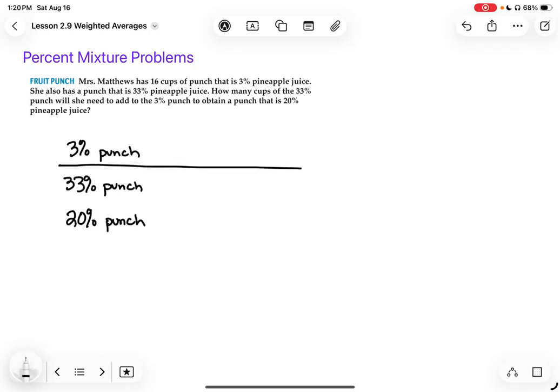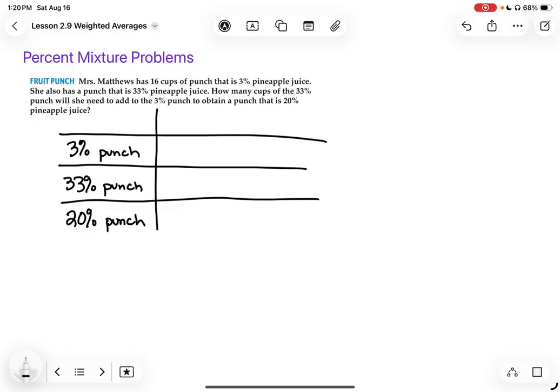And then for columns, the first thing is going to be the amount, which in this case we're measuring in cups. And then because the thing we're interested in is how much pineapple we have, the amount of pineapple juice is going to be our second column.